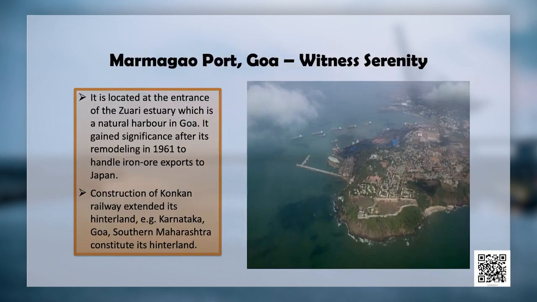Marmagaon in Goa. It is located at the entrance of the Zuari estuary, which is a natural harbour in Goa. It gained significance after its remodeling in 1961 to handle iron ore exports to Japan. Construction of the Konkan Railway extended its hinterland; Karnataka, Goa and southern Maharashtra constitute its hinterland.